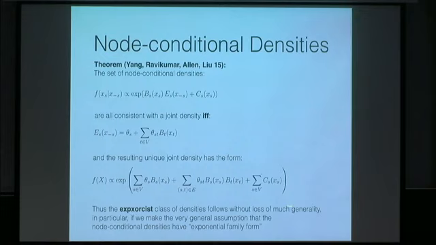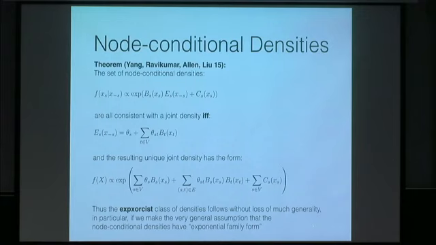So even though we started off with this slightly stringent seeming ANOVA decomposition, it actually follows from this very general non-parametric assumption, which is that the node conditional densities have exponential family form. And what I mean by that is that the logistic transform factorizes. That's the only assumption I'm making. Under that assumption, you can show that this is the only possible joint density that's consistent with it.